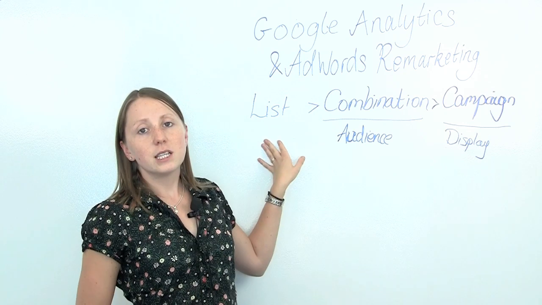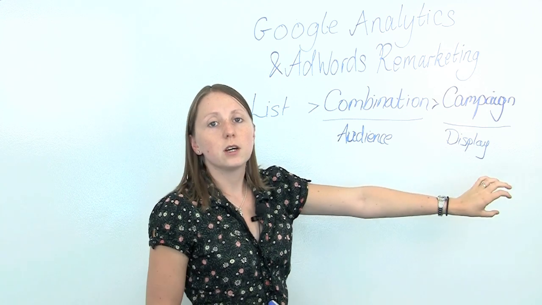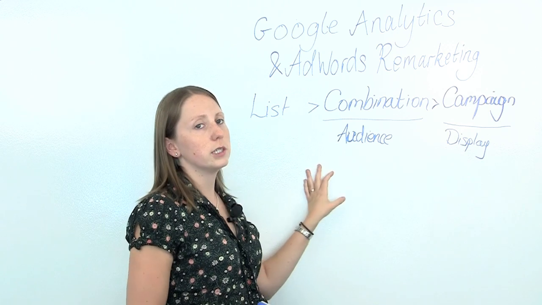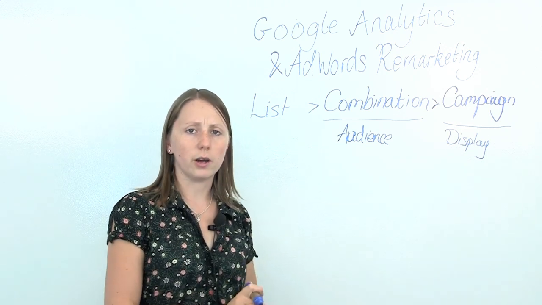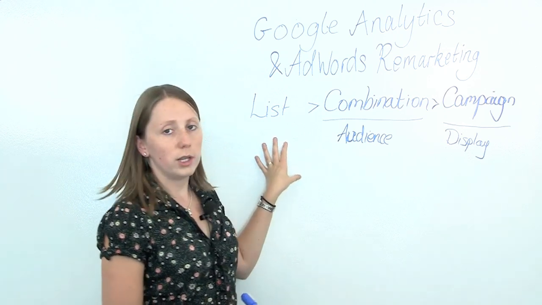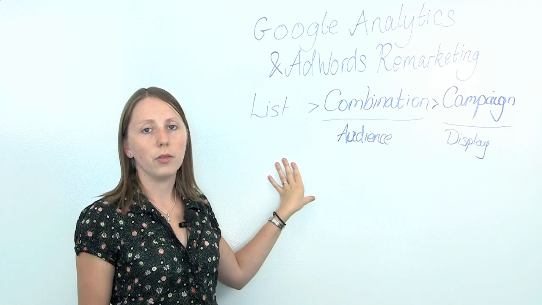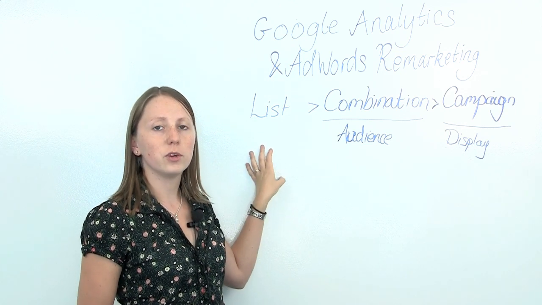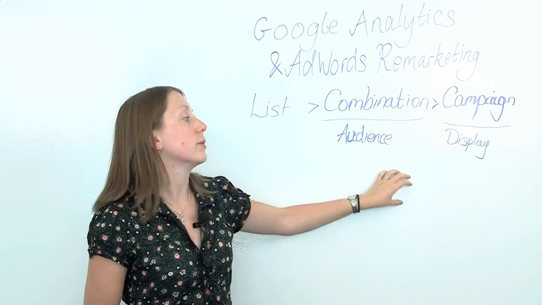However, for these lists to run and the campaign to be successful, we need to be targeting enough people. So if you've got a really high volume of people and your list is huge, that's when you might want to apply some other targeting methods in order to hone it down even more. However, if your list is pretty small, you only get a few hundred visitors maybe, or a few thousand per month, you're going to need to wait till you've got at least 100, preferably 500 people on your list before you start advertising to them through remarketing.